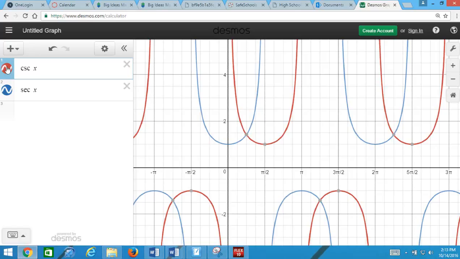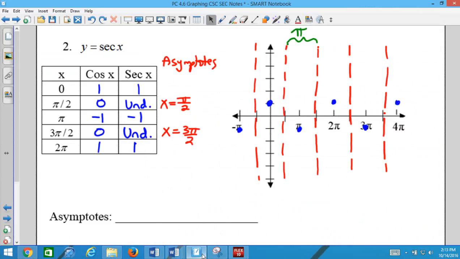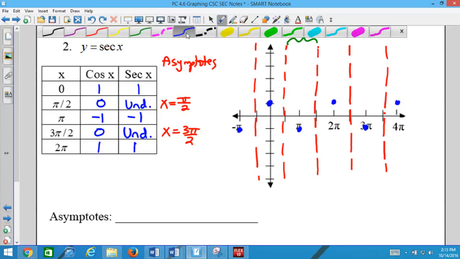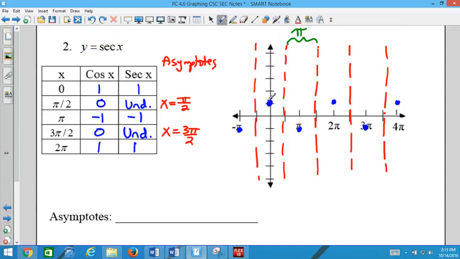You can see they're the exact same shape, they're just shifted over pi over 2 or 90 degrees, just like regular sine and regular cosine. So the graphs go away from each other, all the way up, all the way down. We don't cross over the asymptotes.